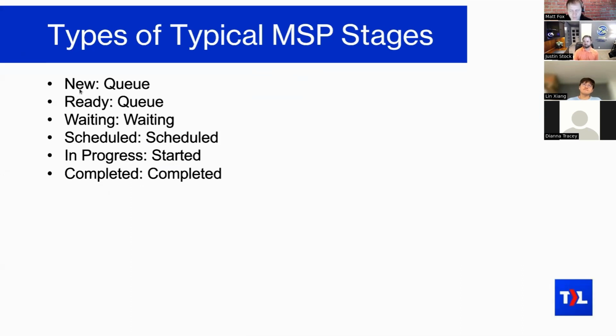New would be a queue, because we are waiting for a dispatcher to work on that. If it's ready, that would also be a queue, because it's waiting for an engineer to work on. Then waiting, obviously that's a waiting status, or as I mentioned, you might have multiple waiting statuses. Then we have scheduled. Scheduled, in progress is started, and completed is completed.